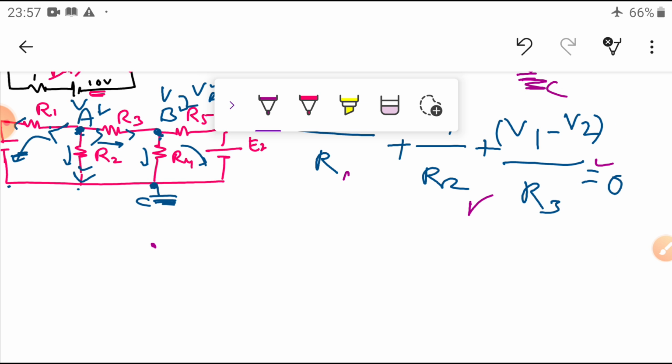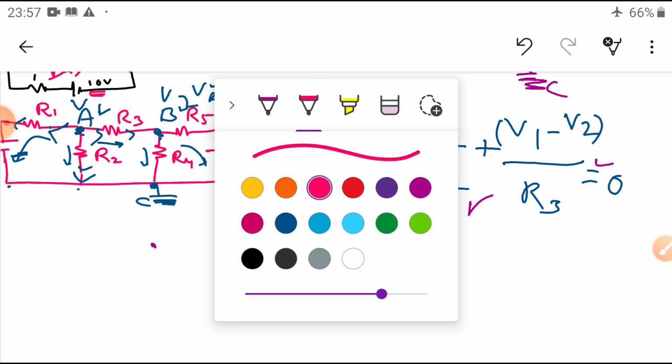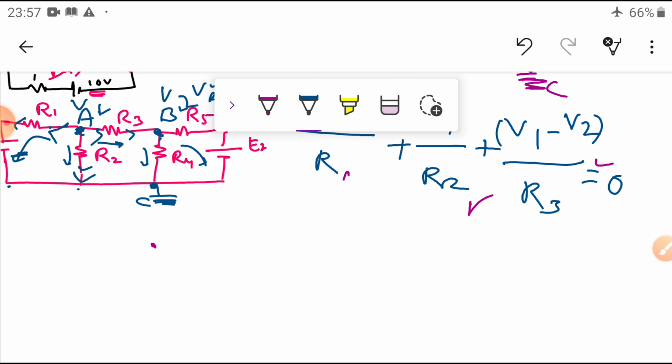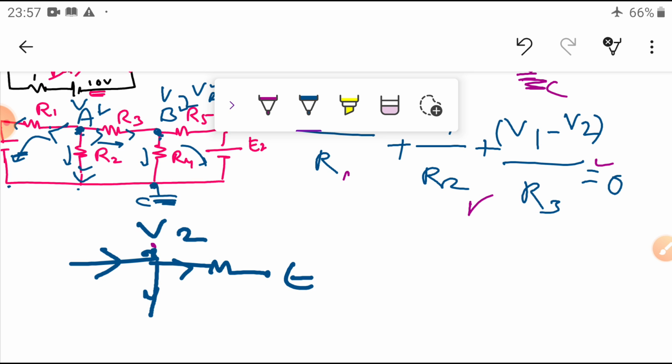This is V2, we can say point B. The current is coming here, current is going here, current is also going here. Here I connected some resistance and E2, here some resistance and the C terminal, and here some resistance connected to V1.